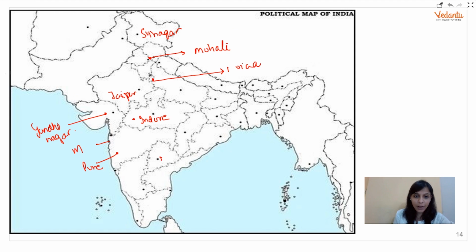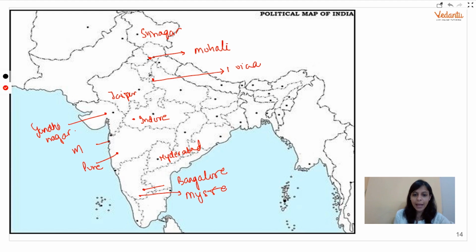Here you have Hyderabad. Right here, can you see this curve coming up? The capital here is going to be Bangalore. And right below Bangalore you have Mysore.